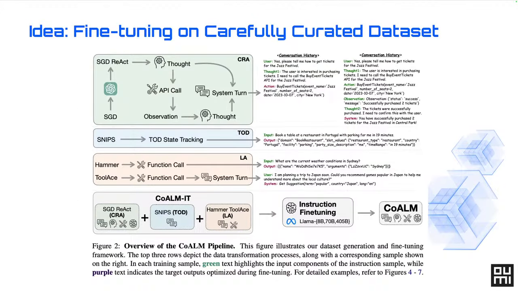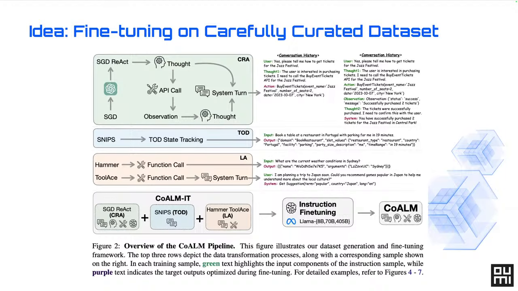As has been the case in many other applications, a very successful, recently popularized paradigm is taking a strong base model and then fine-tuning it on a very carefully curated data set for the task.